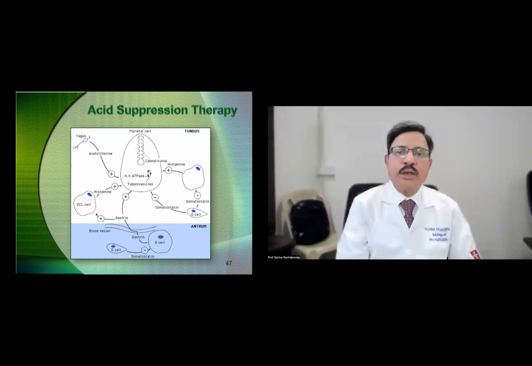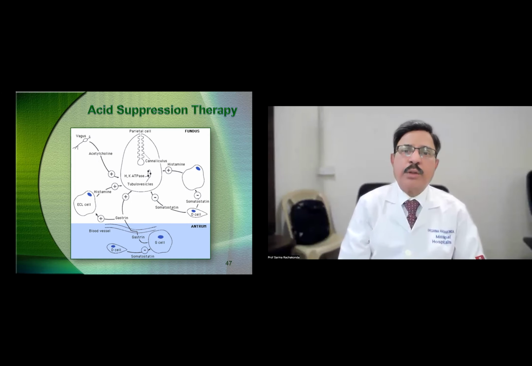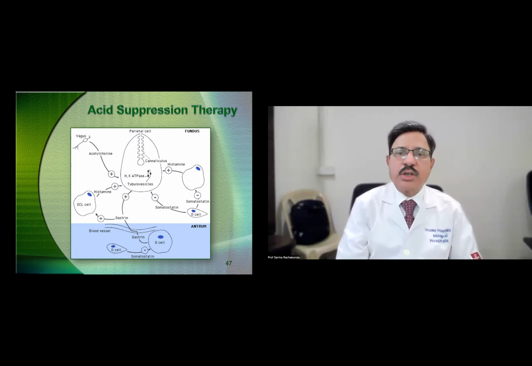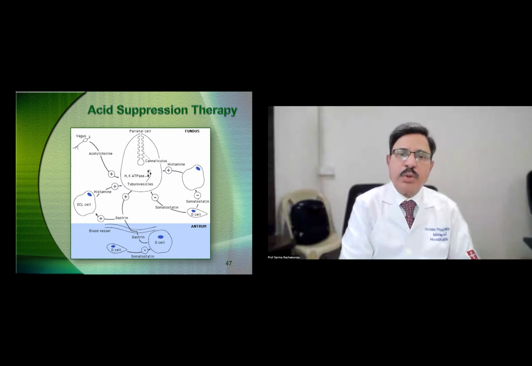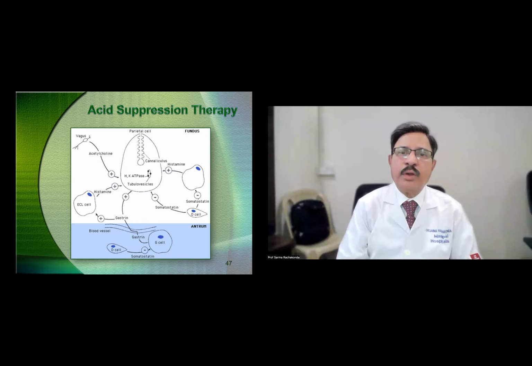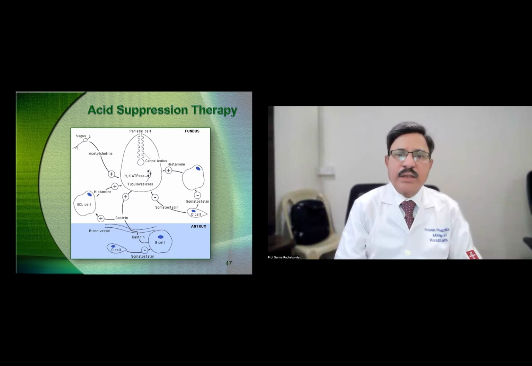What are the triggers or stimuli for the parietal cell? You can see histamine is a positive stimulator. Plus means stimulator. On this side, histamine stimulates the parietal cells to produce more acid. On the other side, you have the vagus. The vagus secretes acetylcholine.